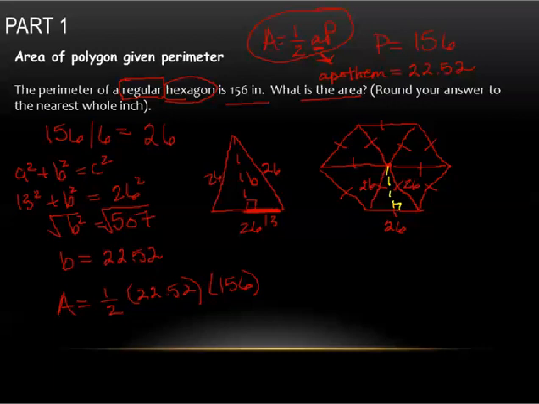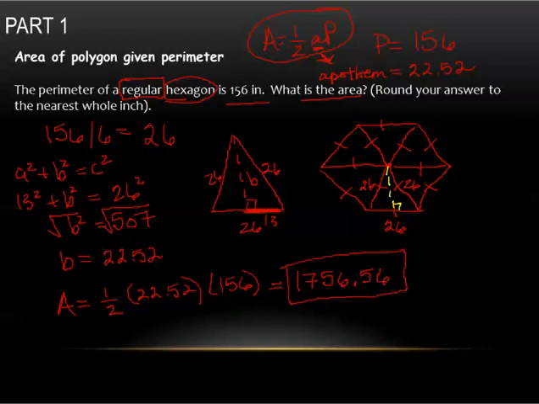I'm going to type in 0.5 for a half times 22.52 times 156. So for the area of my hexagon, I got this huge number, 1,756.56. That's going to be the answer.